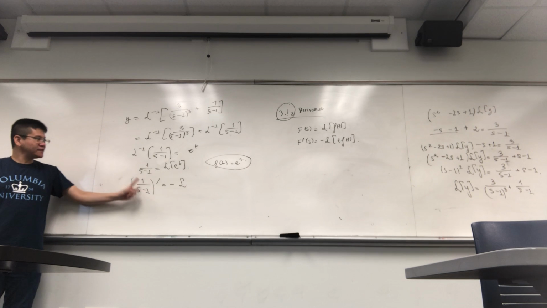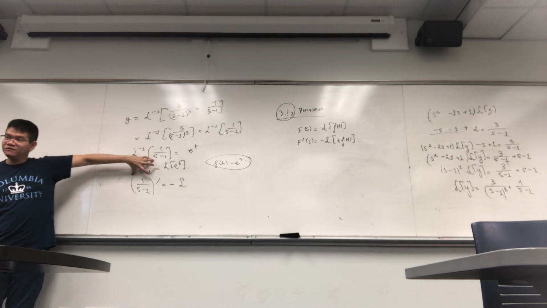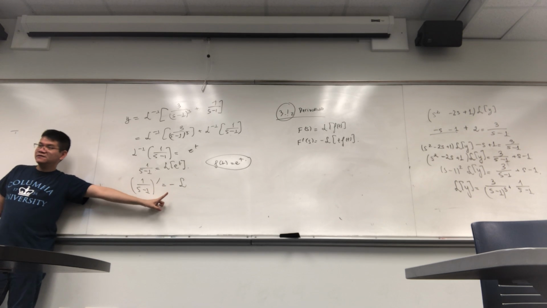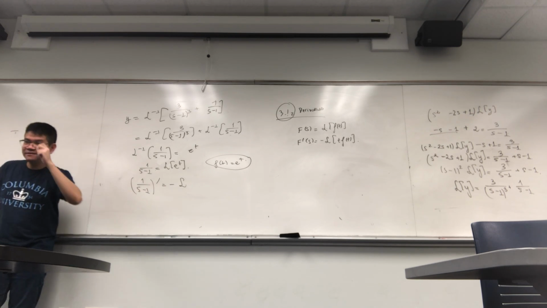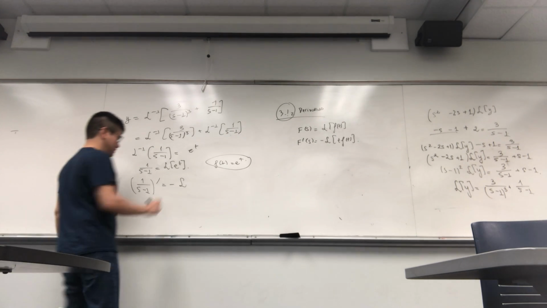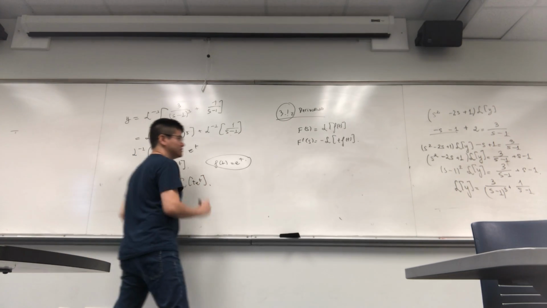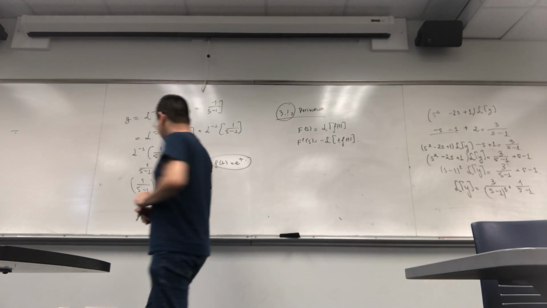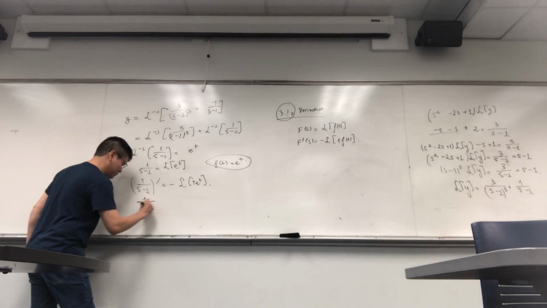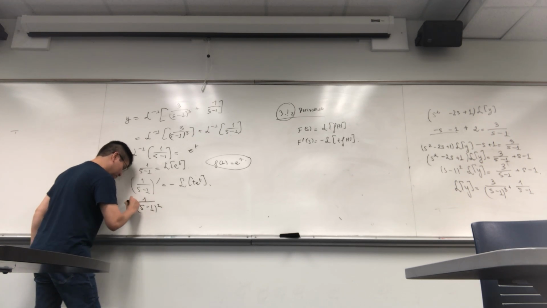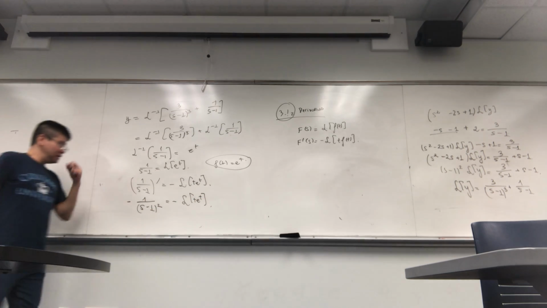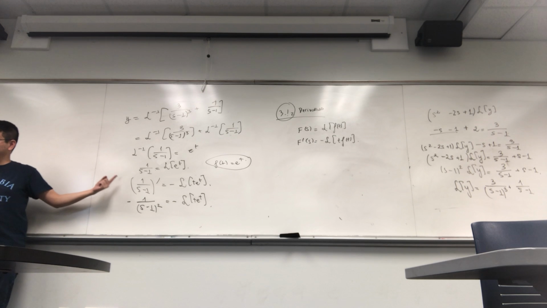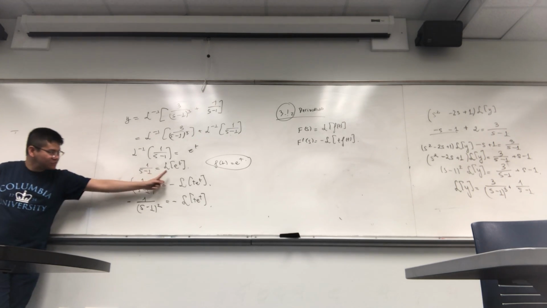Now I take the derivative of this guy. What do I get over there? Minus the Laplace transform of what? T e to the t. So this is t times f(t), which means that here I have minus 1 over (s minus 1) squared, which is minus the Laplace transform of t e to the t.